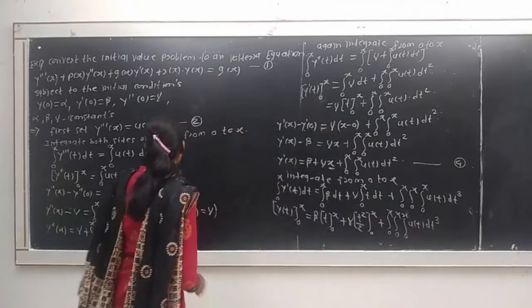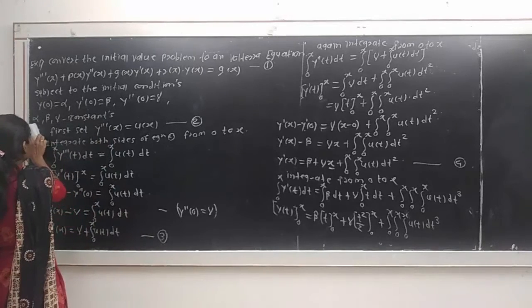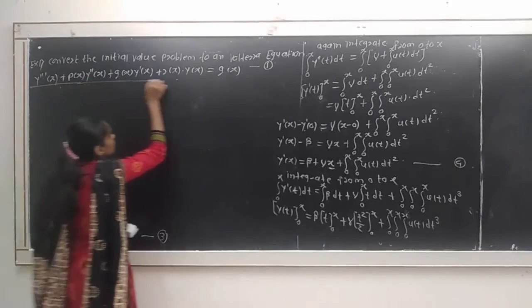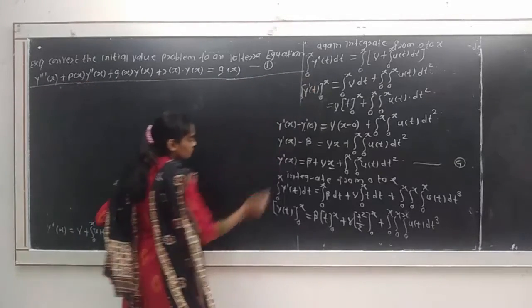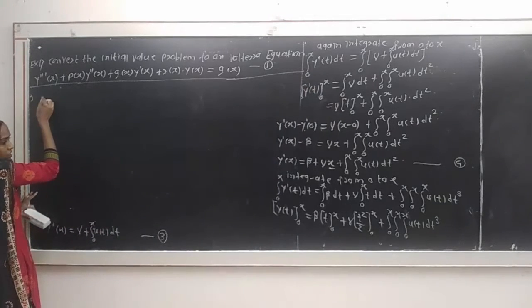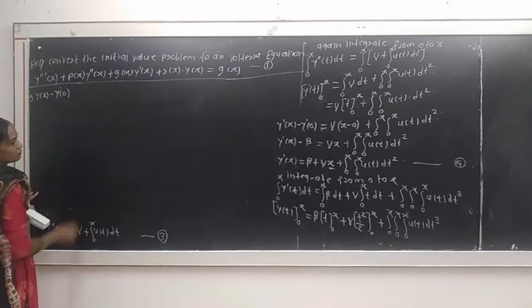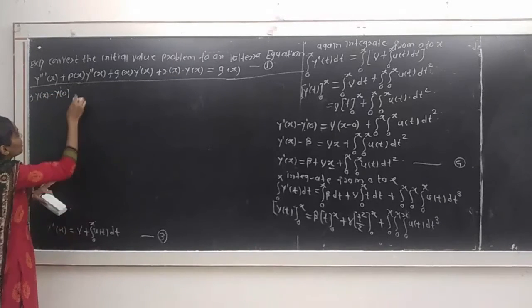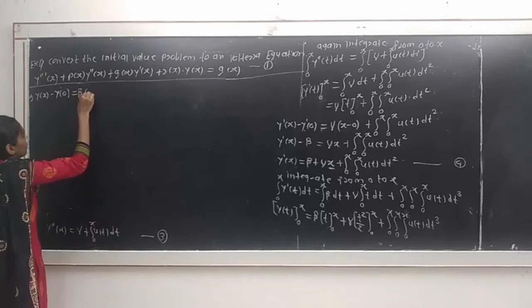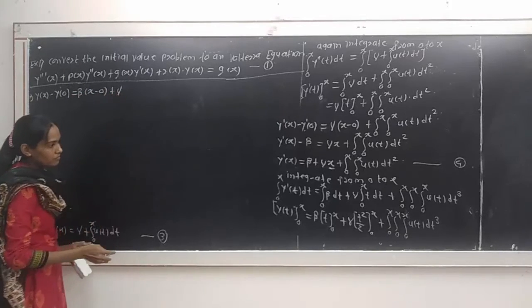Then we solve this integration. If we put the limits we get y of x minus y of 0 is equal to beta into x minus 0 plus gamma.